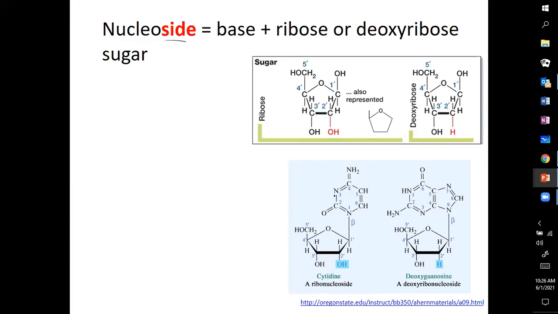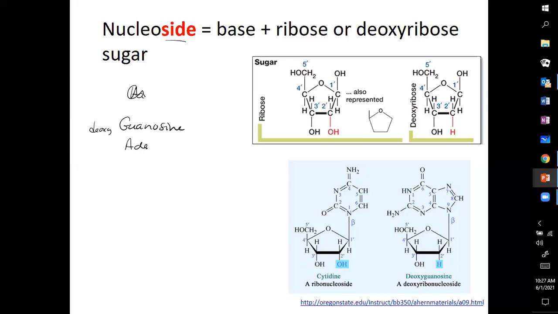The naming of these changes when you attach the sugar. What was a guanine is now a guanosine. Guanine becomes guanosine, or if it is attached to a deoxyribose, deoxyguanosine.